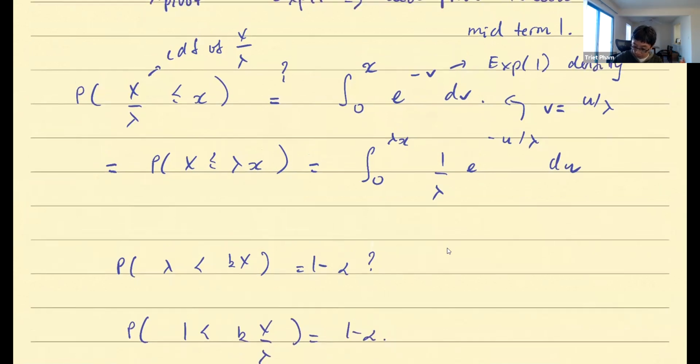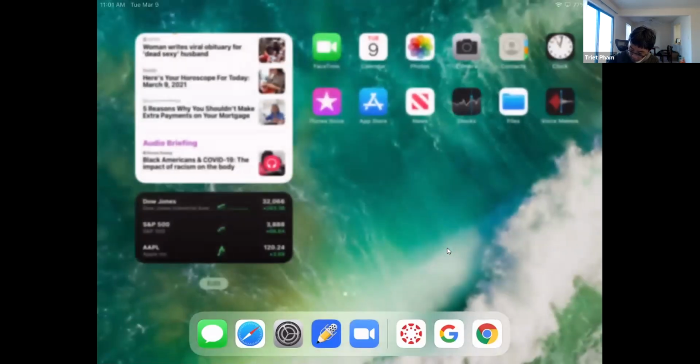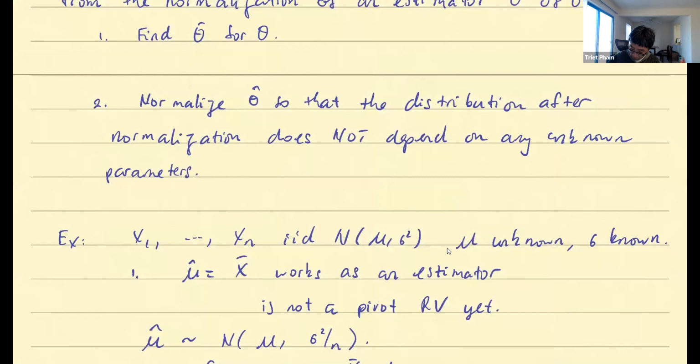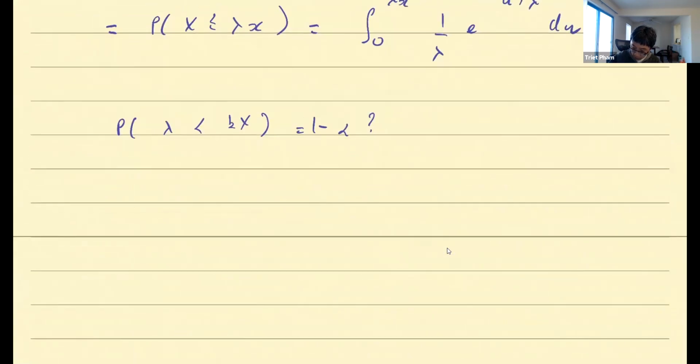Okay, like this. So the probability that 1 is less than k x over lambda is 1 minus alpha.